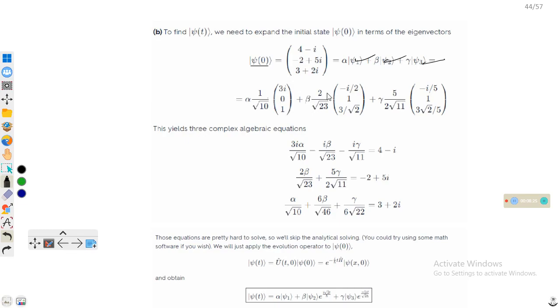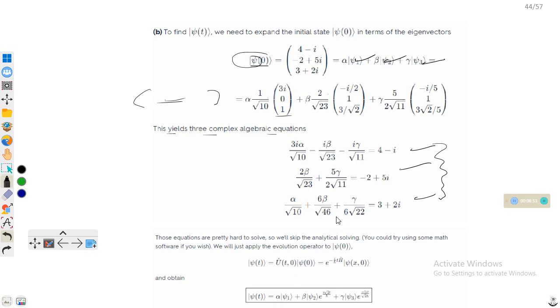So psi 1 is given, psi 2 is given, psi 3 is given. It should be equal to this psi 0. So comparing these two, we get three equations, one for each component on the left side and the right side. So these are three complex algebraic equations which can be solved for alpha, beta, gamma, because these are three equations and three unknowns.